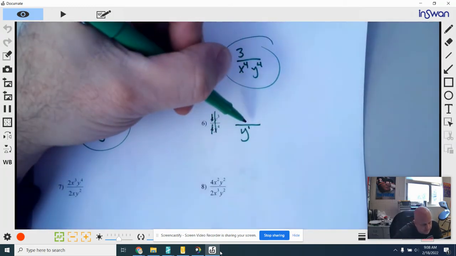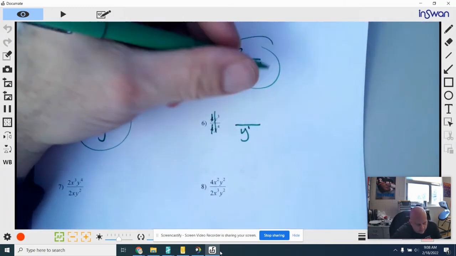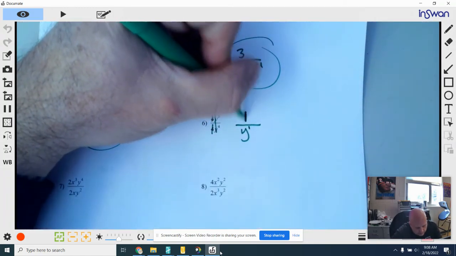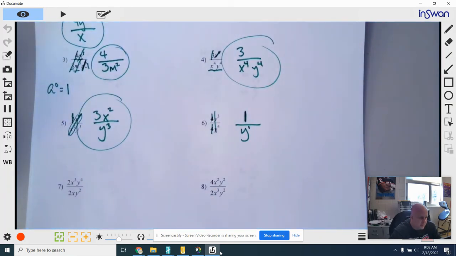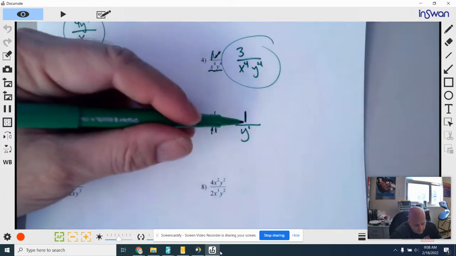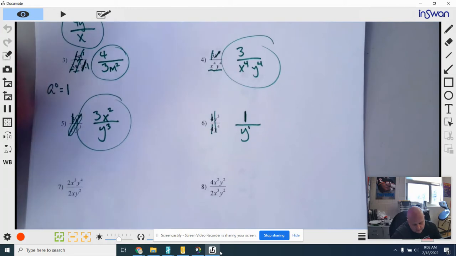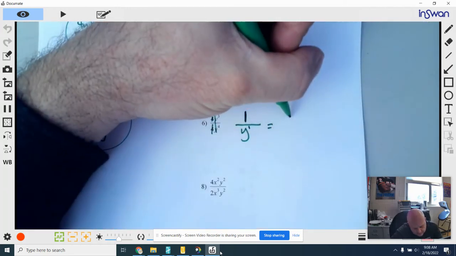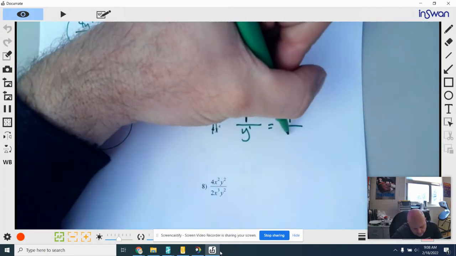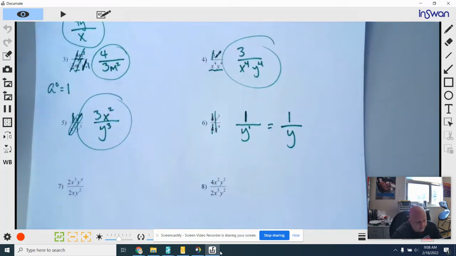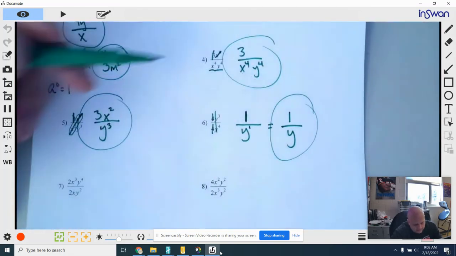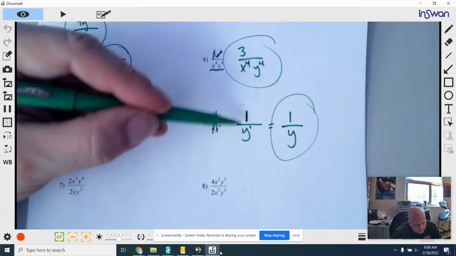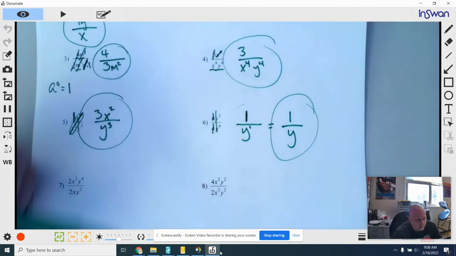Now, if you have nothing remaining up top, you have to drop a 1 up top, kind of like a placeholder. That 1 will remain. It doesn't fall off. So when I rewrite this, my final answer is 1 over y. Again, when there's nothing left up top, you have to put that 1 there to hold it.